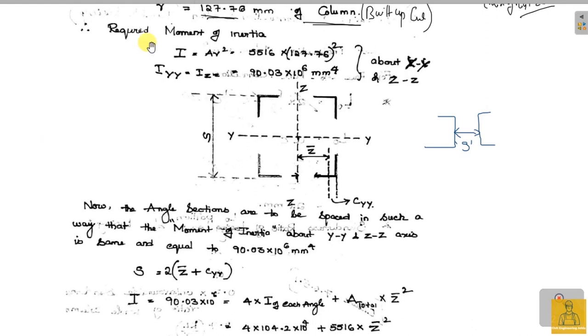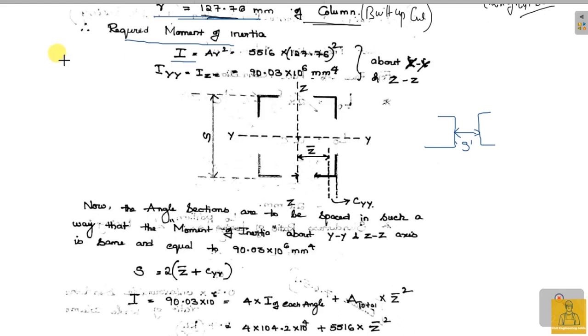Since R is equal to 127.76, I am finding out the moment of inertia required. This is the radius of gyration that should be there for the built-up column. Using this minimum R, you can find out the minimum moment of inertia required. So I is equal to A R squared.